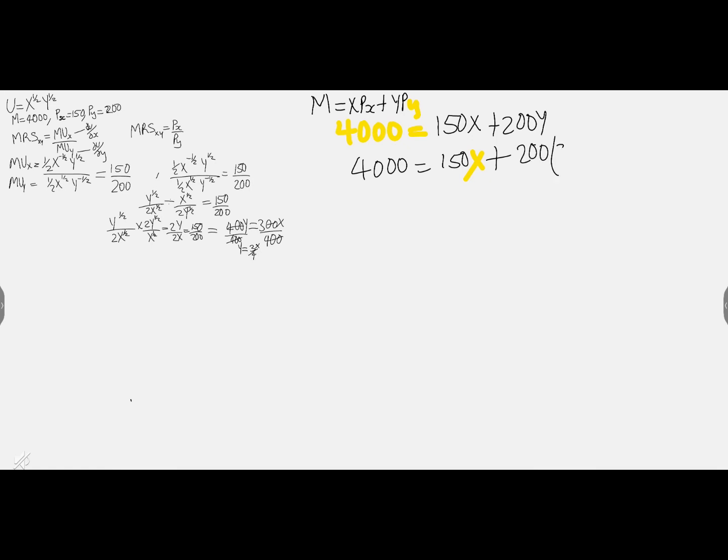That's 4,000 is equal to 150X plus 150X. So that's 4,000 is equal to 300X.